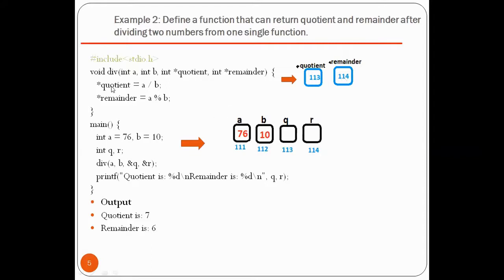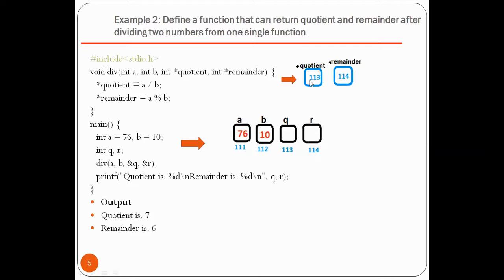Now in this code, what we are doing is, the pointer quotient is equal to A by B, A divided by B. The value of A divided by B will be stored in the location, the address that this pointer is pointing to.